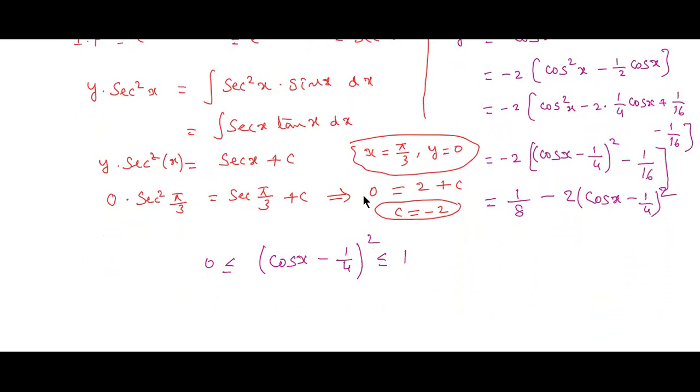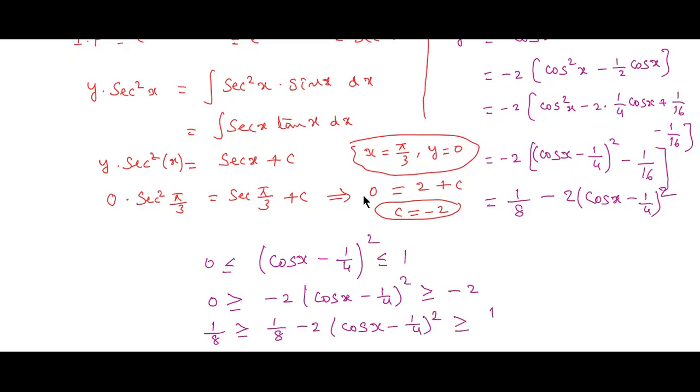Multiply with minus 2. 0 is greater than or equal to minus 2 into cos x minus 1 by 4 whole square, which is greater than or equal to minus 2. Adding 1 by 8 on both sides, 1 by 8 is greater than or equal to 1 by 8 minus 2 into cos x minus 1 by 4 whole square, which is greater than or equal to 1 by 8 minus 2. 1 by 8 minus 2 value is how much?